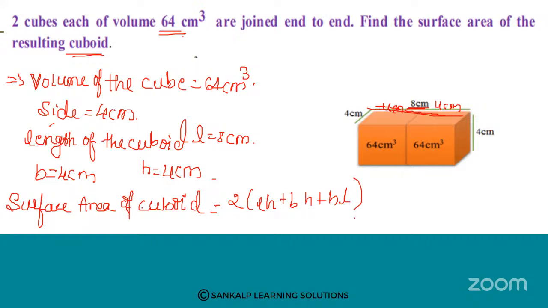This is the formula. 2 into, L value is, length is 8 here and B is 4 and H is 4, plus B is 4 and H is 4, plus H is 4 and L is 8.